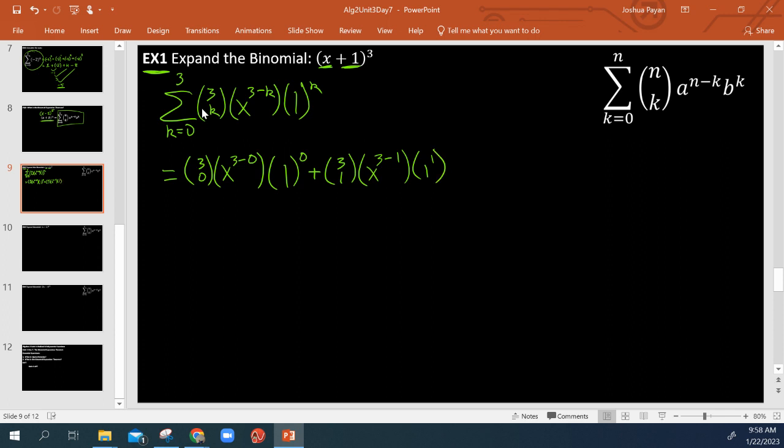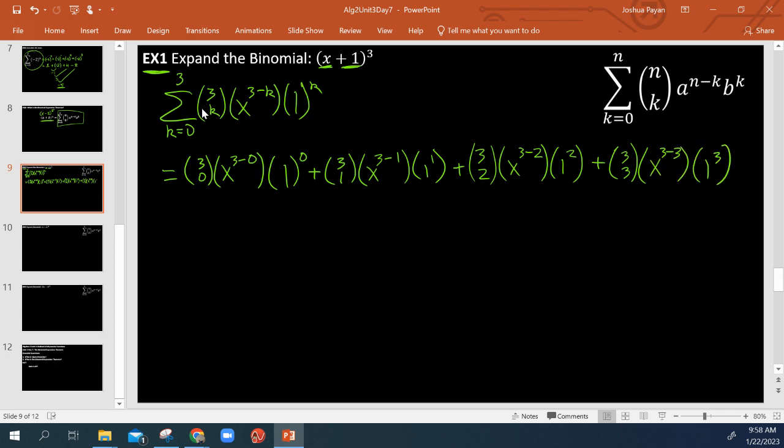All of those are going to be 1, plus 3 choose 2 times x to the 3 minus 2 times 1 to the second power. And we're almost done. Plus 3 choose 3 times x to the 3 minus 3 times 1 to the third power.